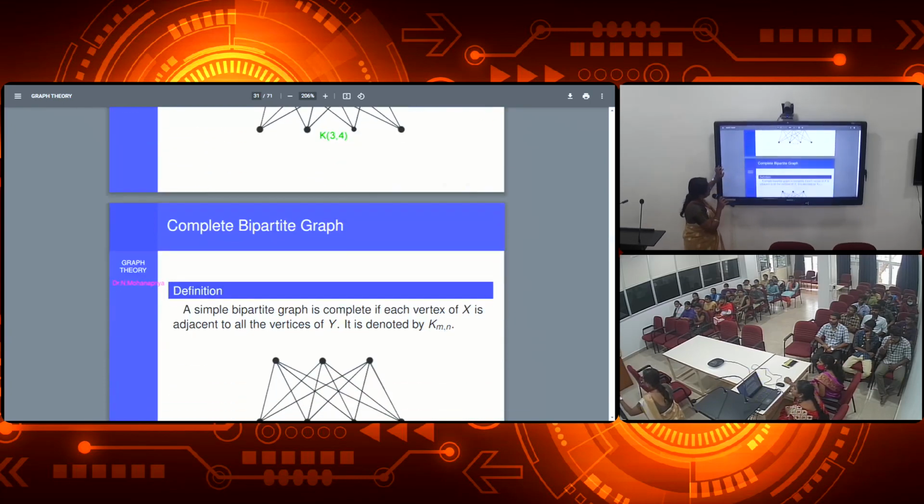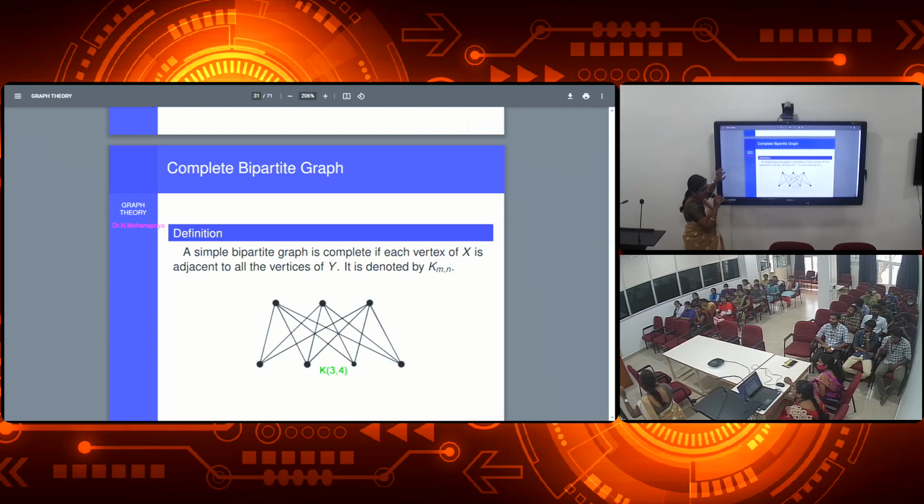Next is complete bipartite, like complete graph. What is a complete graph? All the vertices should be adjacent with all other vertices. Each and every vertex should be adjacent with all other vertices, right? The same thing. First of all, a complete bipartite graph should be a bipartite graph.